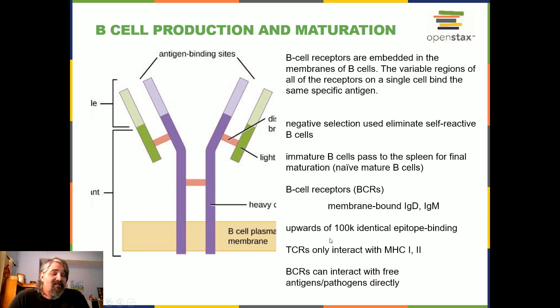They will have upwards of 100,000 identical B cell receptors, up to 100K of them. Okay, so T cell receptors only interact with MHC class 1 and 2. And B cell receptors can interact freely with any antigen or pathogen directly. Obviously, because this is a completely different kind of receptor.